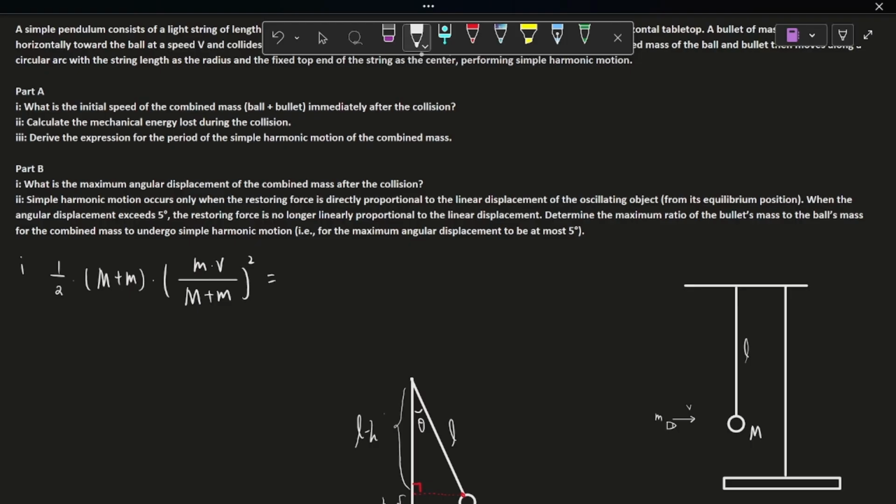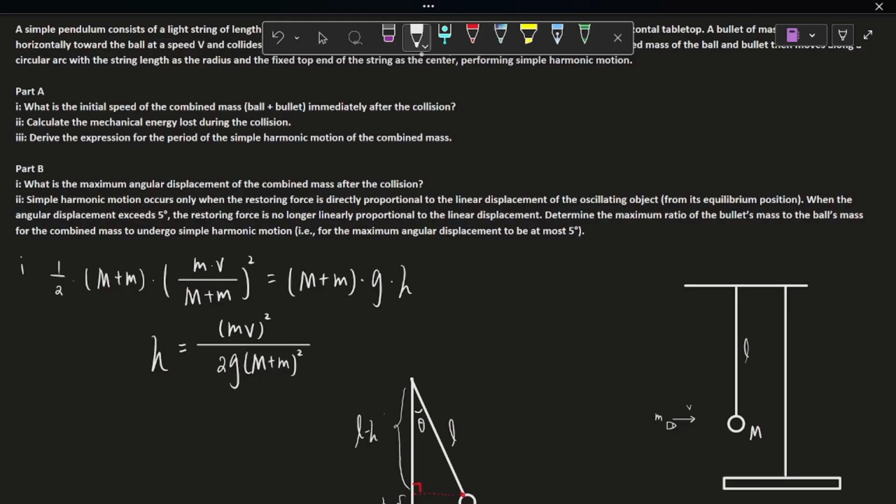And that's equal to the combined mass, M plus little m, times the gravitational field constant g times h. We're trying to solve for h. After simplifying it, you can do it on paper, you'll get h is actually equal to m squared v squared over 2g times (M plus m) squared.